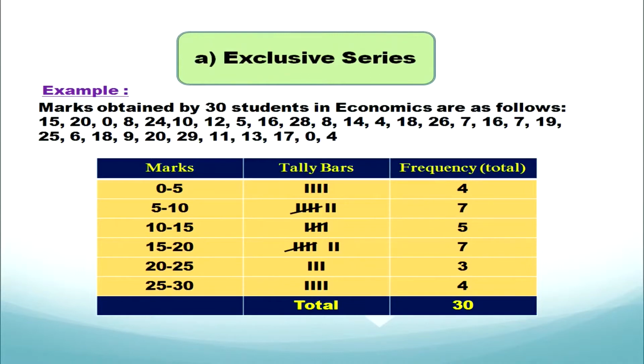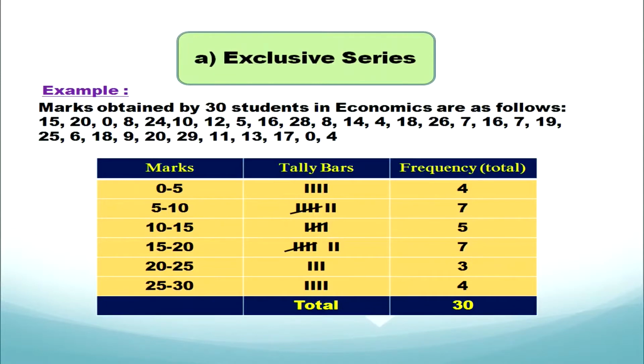Let's first construct the classes and then we are going to make tally bars, and from those tally bars we are going to discuss frequency. So, first step, we are going to form the classes. That means we are going to give the heading for the classes first, marks. So, 0 to 5 very first, then 5 to 10 second, 10 to 15, 15 to 20, 20 to 25, 25 to 30.